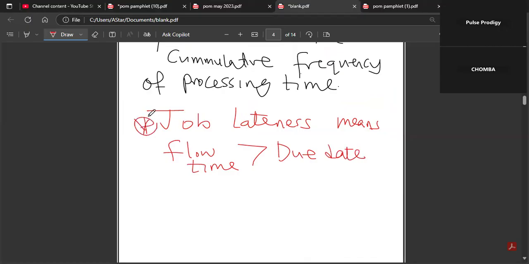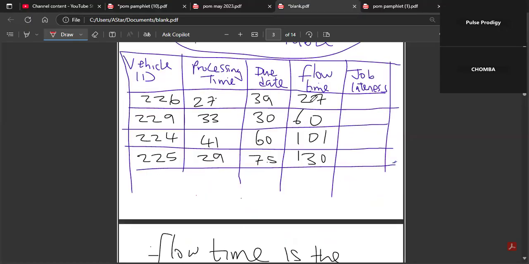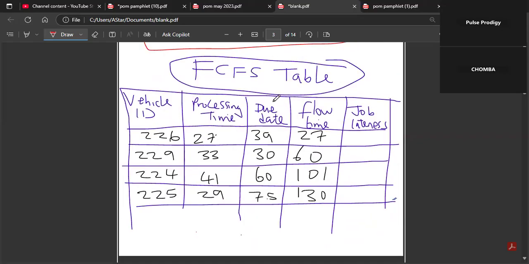That is on job lateness. So here, the due date is 39. We have finished working in 27, so we are not late for the first one. 27 and 39, we make a comparison between these two to determine the job lateness. So here we are not late. Here we are late by 30 days, the difference between these two.